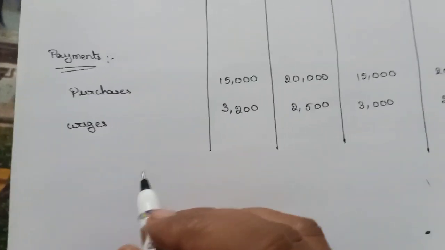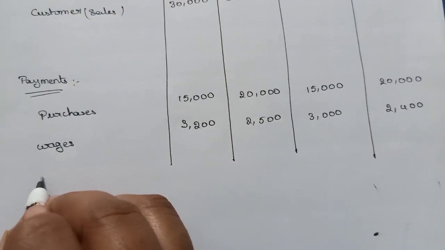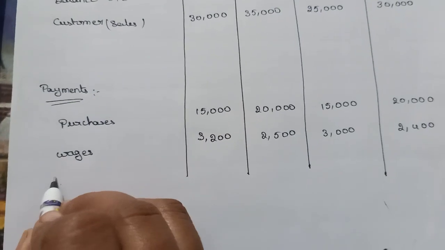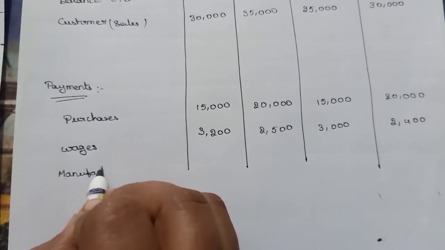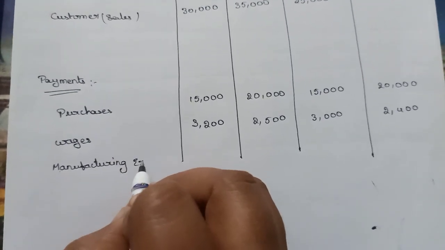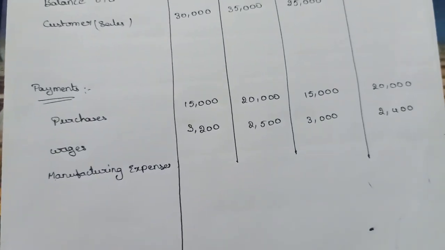Lag in expenses is 1 month. They gave this information in the additional information. So the manufacturing expenses we have to note like this. After 1 month they are going to credit that.